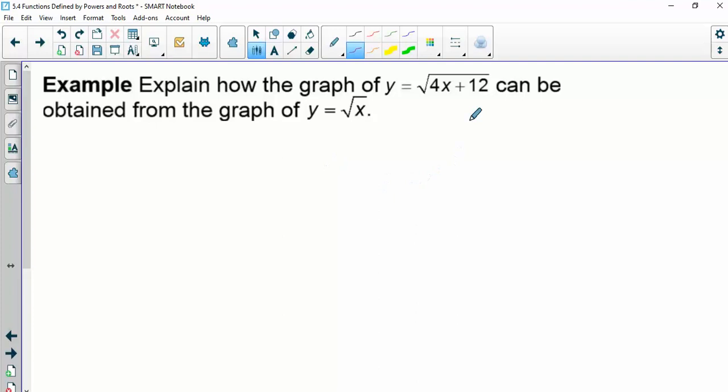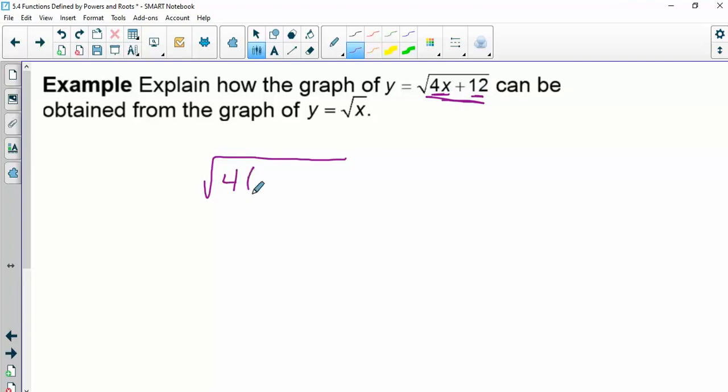Alright. I want to know, based on transformations, can you tell me how I would use transformations to graph this? The horizontal stretching and shrinking was kind of challenging, right? One option we could do: what could you factor out of both of these? 4.